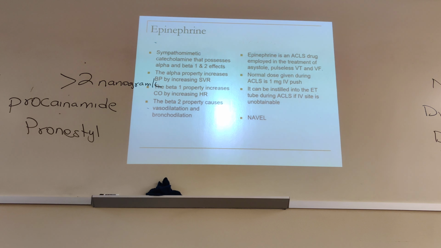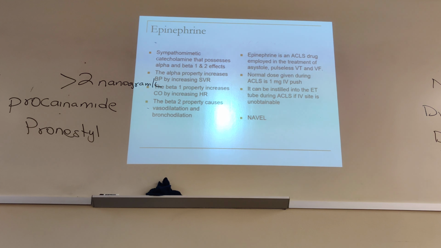And then we have epinephrine. Epinephrine is a pressor. Well, it works in different ways because epinephrine can increase your heart rate. It can cause bronchodilation. It can vasoconstrict the blood vessels.